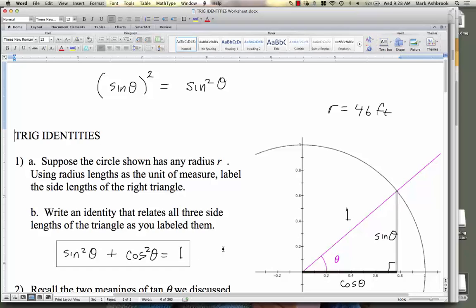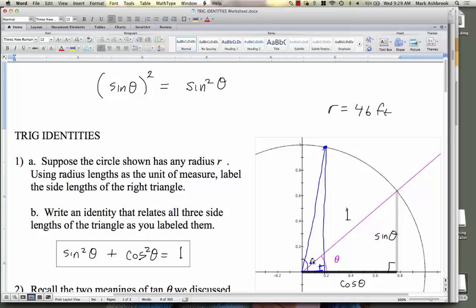So is this true for only some values of theta, or is it true for all values of theta? So if I move my triangle up here, say I make the triangle here, different value of theta. Okay? And here's theta.